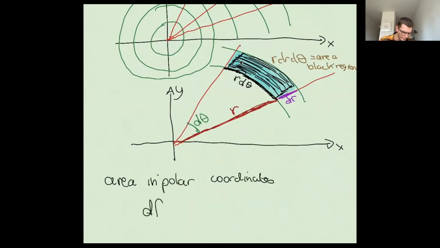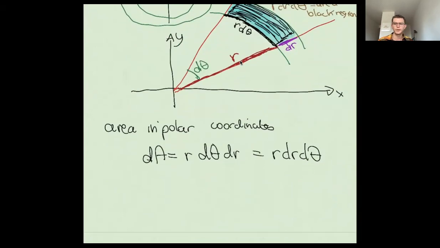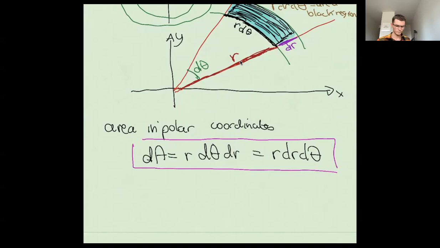The analog of the area in polar coordinates is just r, sorry, it could be r d theta dr, or r dr d theta. This is how it gets written down.